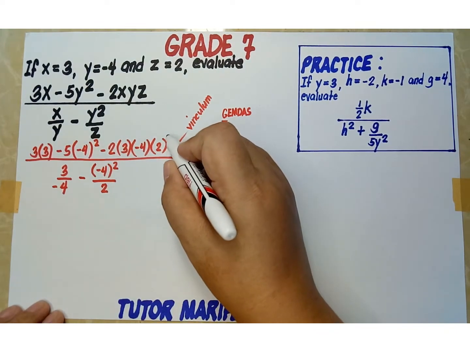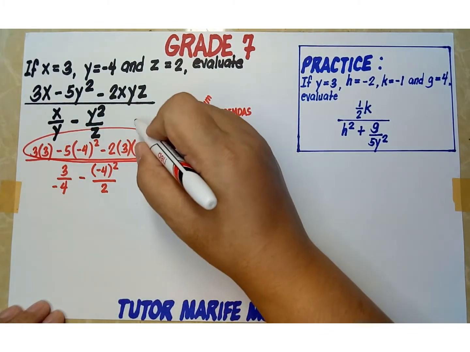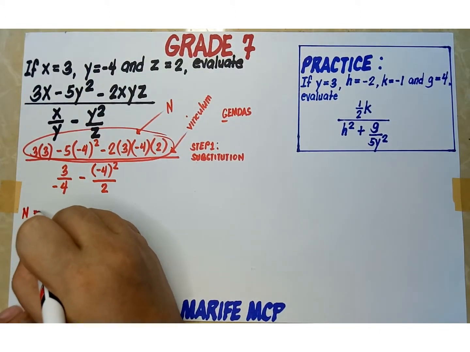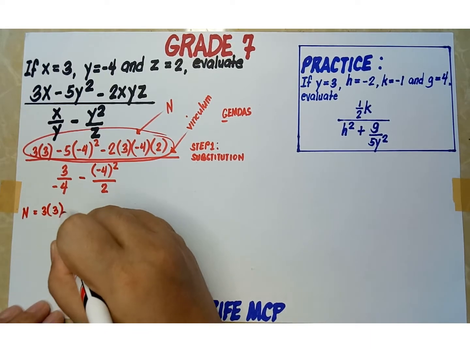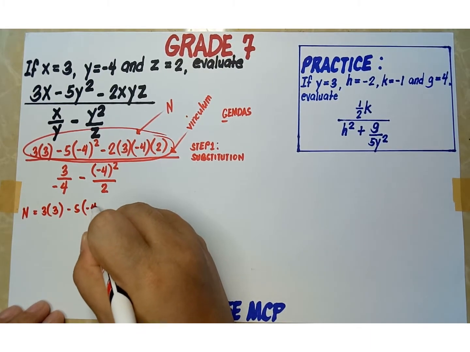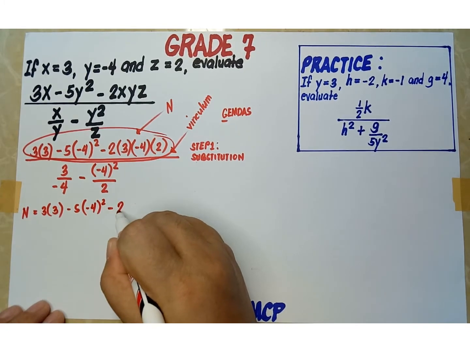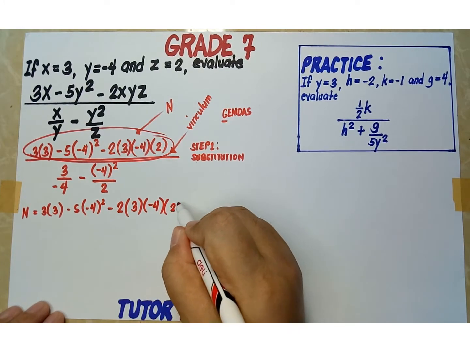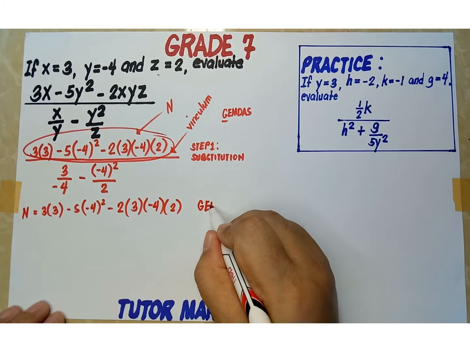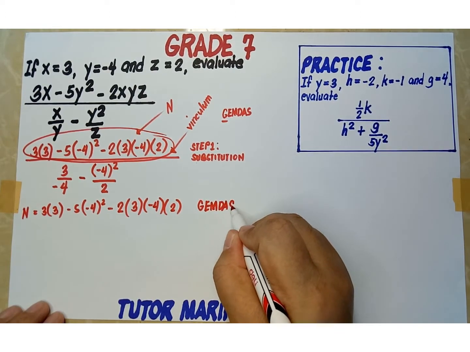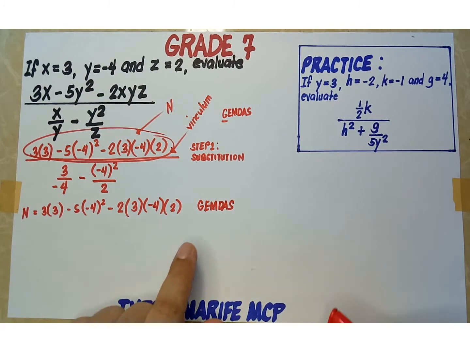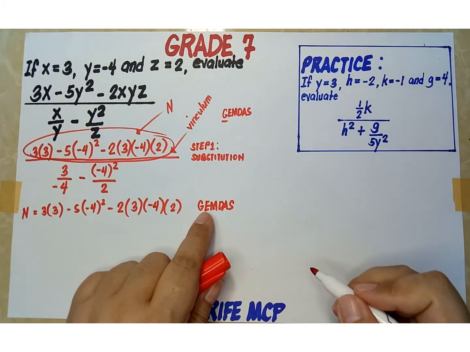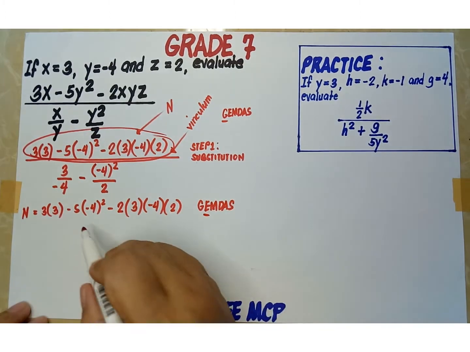Okay, so let's call this expression n for numerator. I-rewrite natin. We have 3 times 3 minus 5 times negative 4 squared minus 2 times 3 times negative 4 times 2. By GEMDAS rule, kailangan i-perform mo muna ang exponentiation. Ito yun.